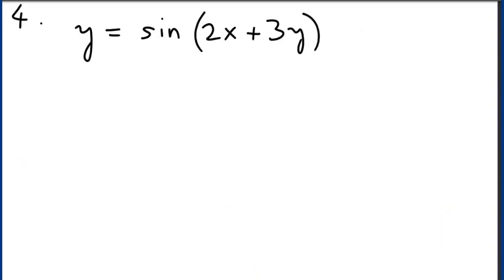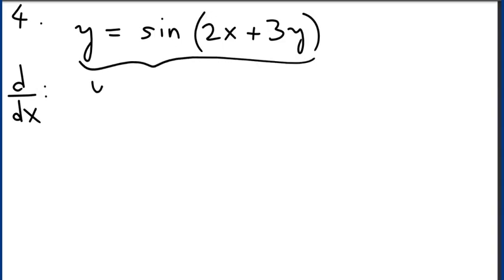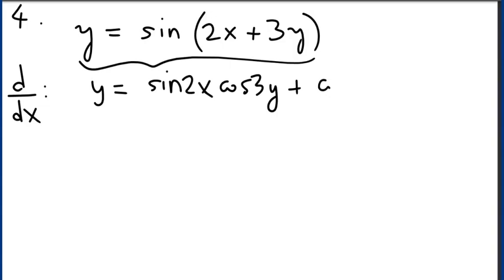Problem 4. So you have y equals sine of (2x plus 3y). The first thing is to rewrite this, just expand it using trigonometry identity. So sine of (2x plus 3y) is sine 2x cosine 3y plus cosine 2x sine 3y.